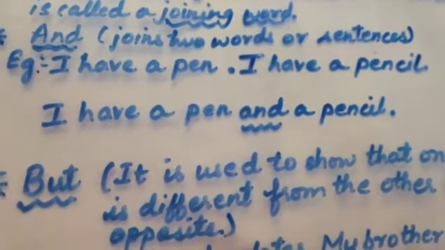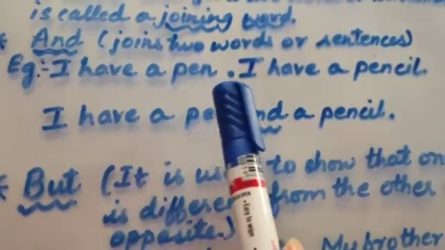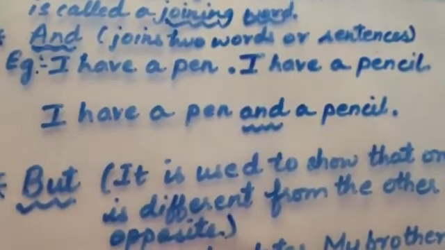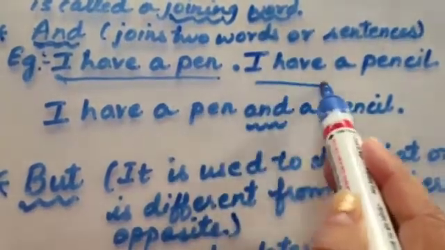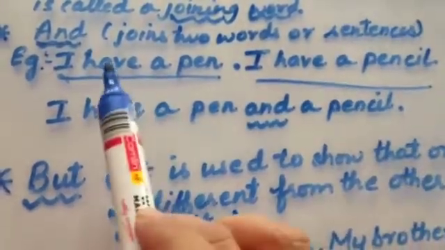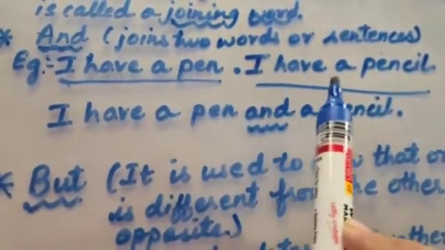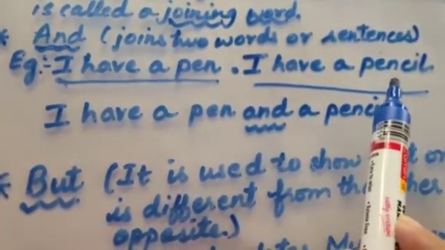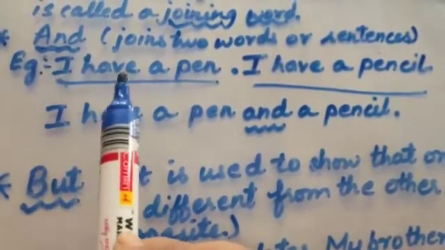For example, here you can see there are two sentences. This is one sentence and this is the other sentence. I have a pen. I have a pencil. Now you can see three words are repeating: I have a.